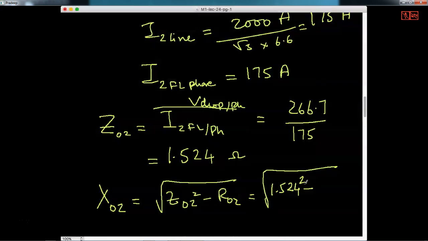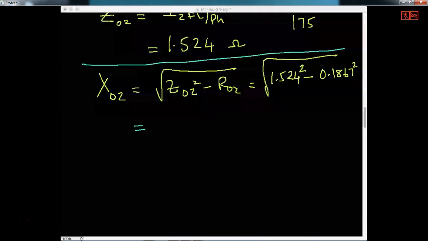So from here now I am calculating the X02. Let me use my calculator. Upon calculation, this one will be coming as 1.51 ohms per phase.